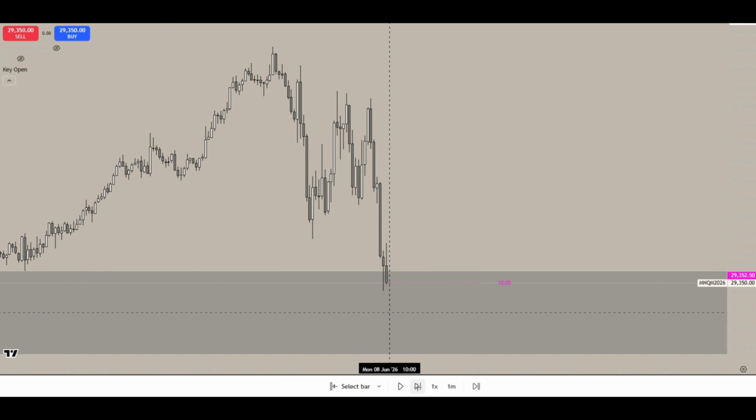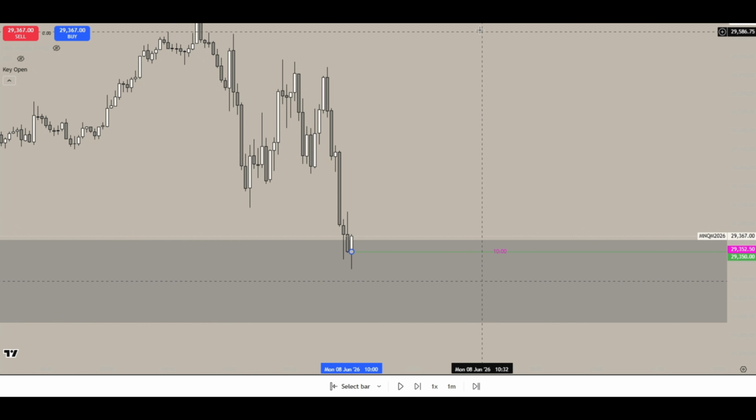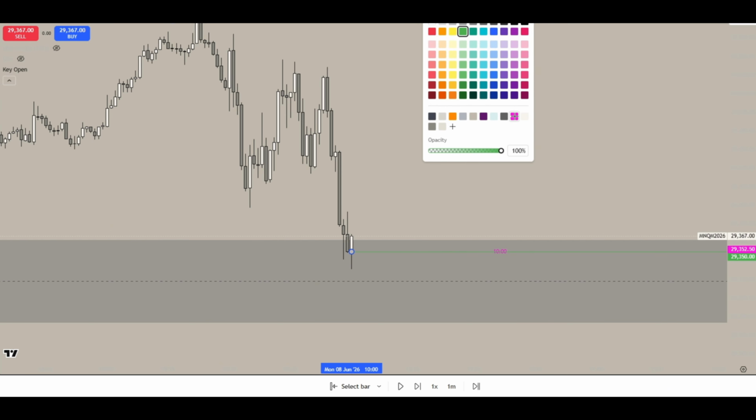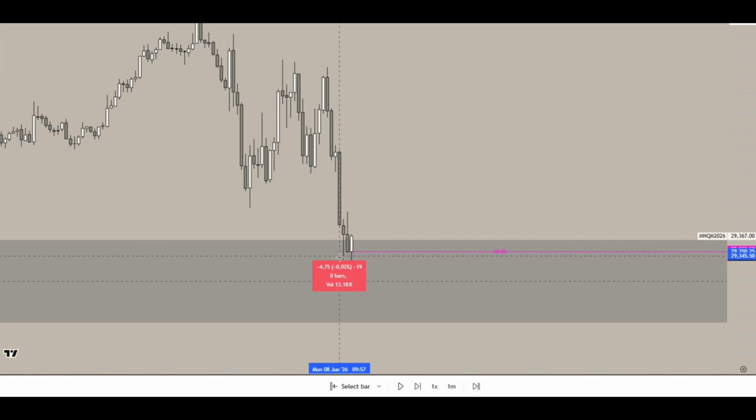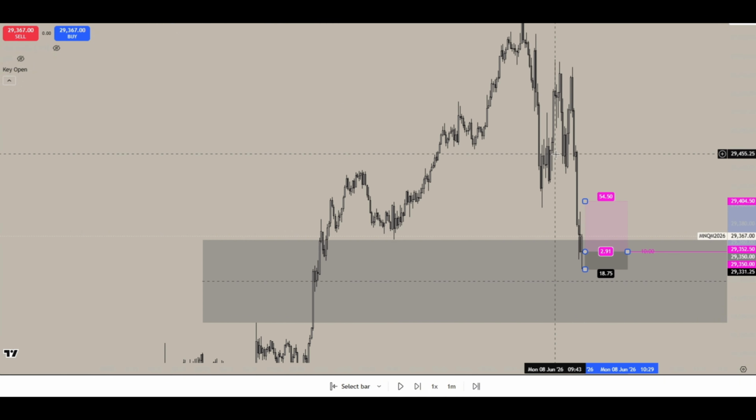Manipulate into the 1 hour gap. We open 10 a.m., sweep out this little internal low, sorry. Put in our 10 a.m. open range. Get manipulation down, as I said, obviously super important. And we create a rejection block as well.